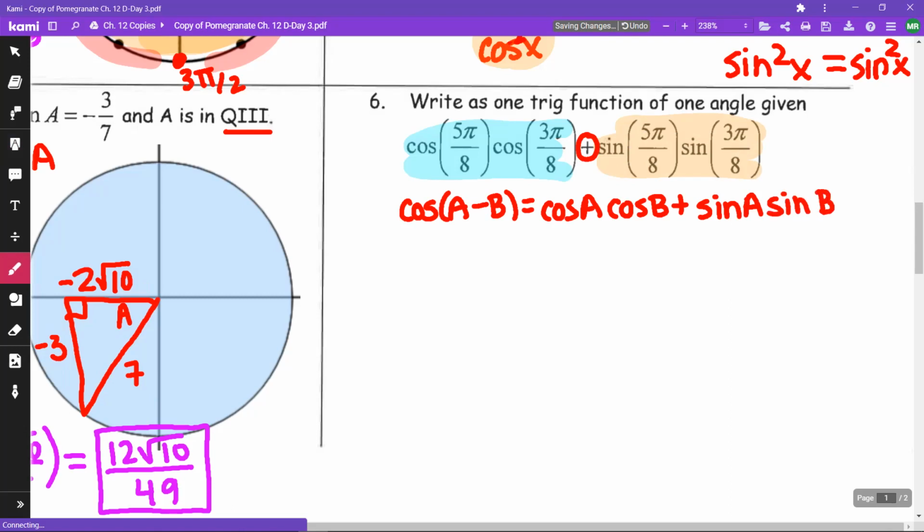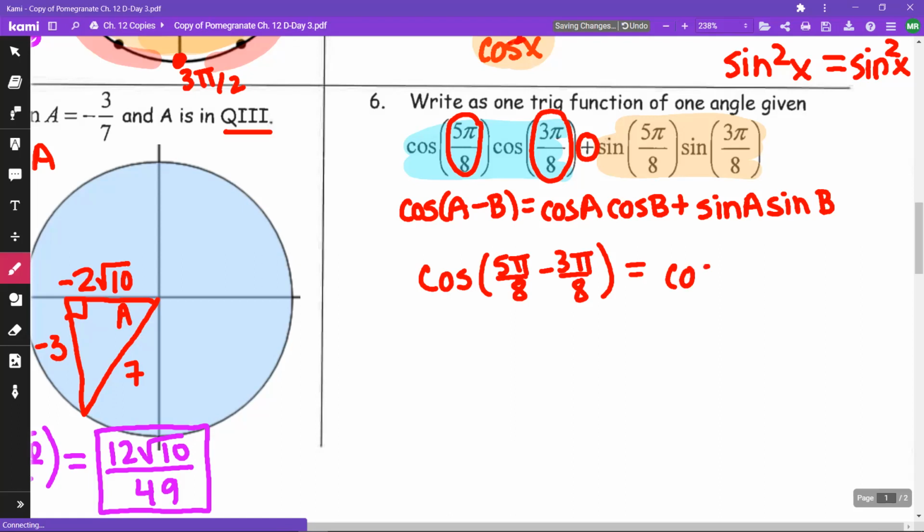So my A and B are going to be this 5 pi eighths and my 3 pi eighths. So this is going to be cosine of 5 pi eighths minus 3 pi eighths, which actually ends up being cosine of 2 pi eighths.